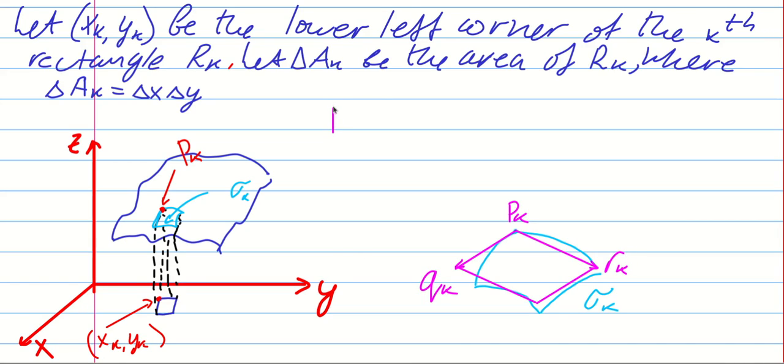The corner p sub k on the xy plane is given by x sub k, y sub k. But for the z value, we have to take f and evaluate it at x sub k, y sub k, and this is how we get this corner point p sub k.